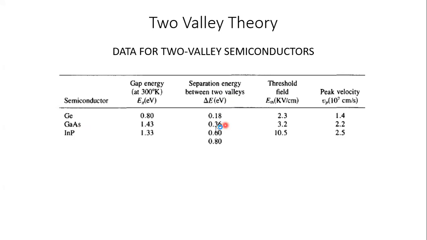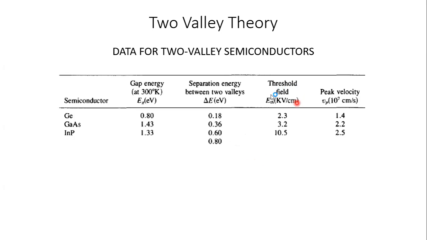Then indium phosphide is another material. Here you can see that there are two different energy levels, because there is a three valley concept. So that's why the two separate energy levels are mentioned here. Okay.